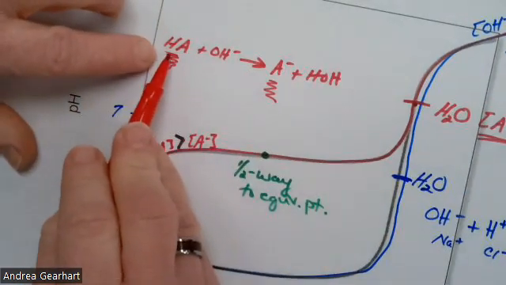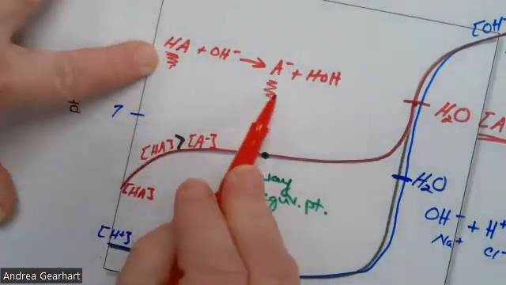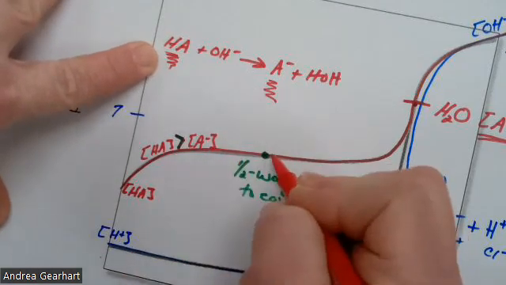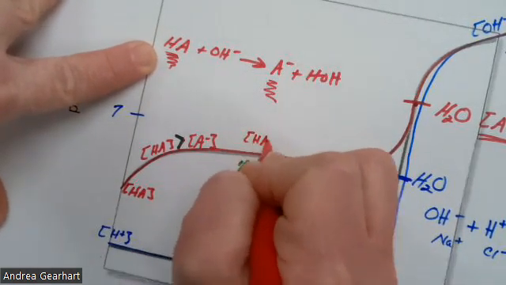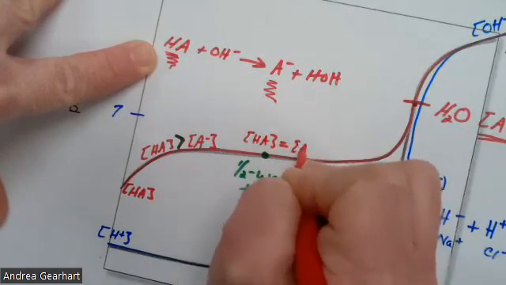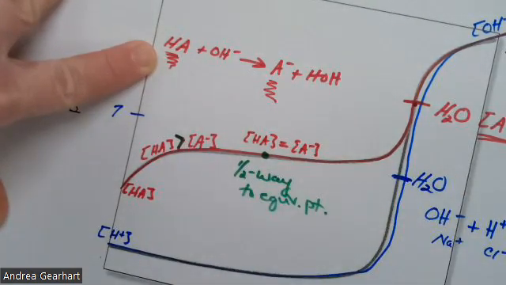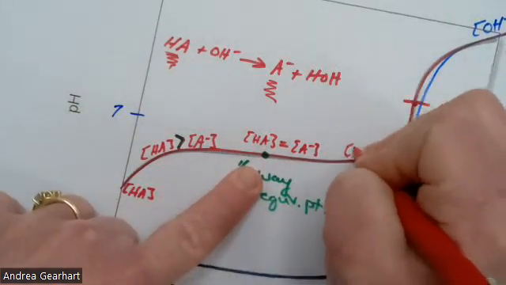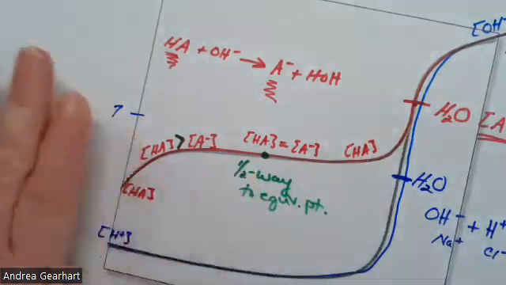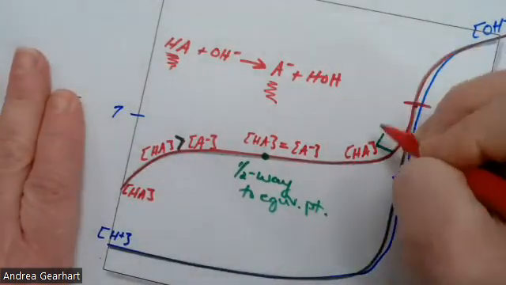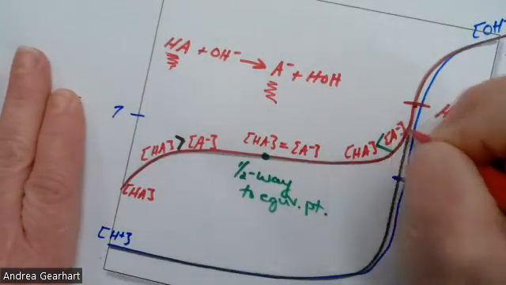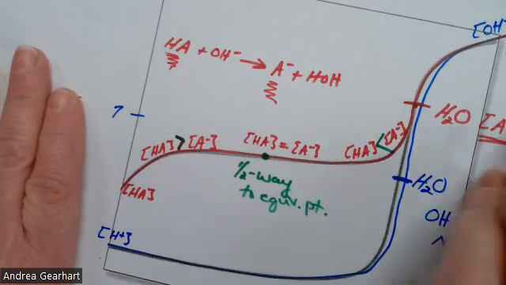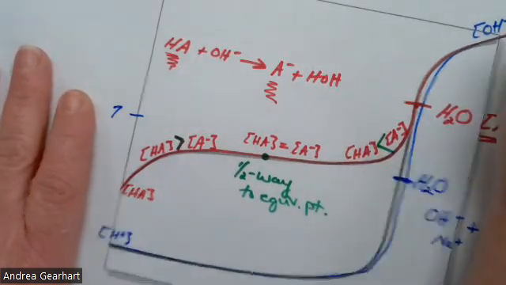And if we've reacted half of this away, we've made the same amount of that. So here, the HA is equal to the A minus. And then going to the right, the HA is less than the A minus. Then eventually we just have all A minus and then an abundance of hydroxide.